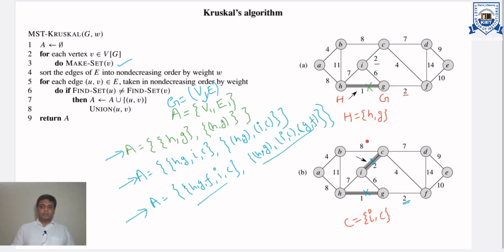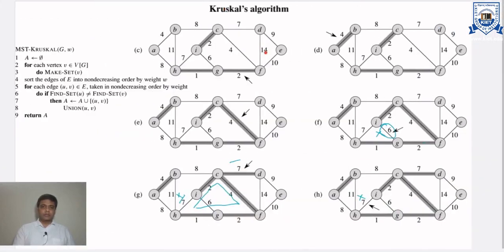Now the next step: you are taking the union of these three, since these edges are selected, so the union of vertices would be H, G, F. So this is a set and this is another set, I, C.